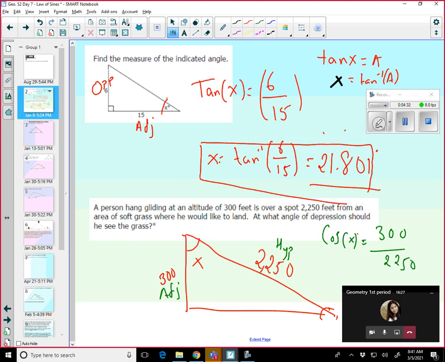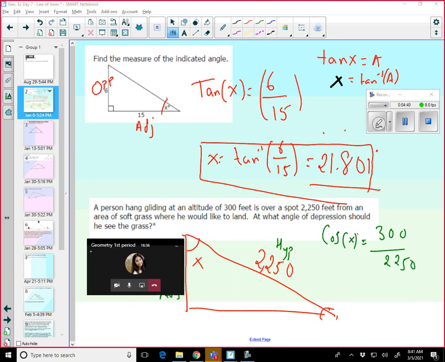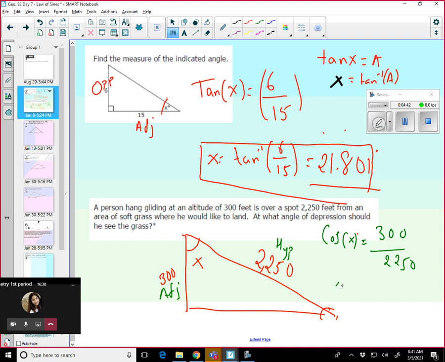You don't even have to perform the division. From the inverse trigonometric function, you can get x equals cos inverse of 300 over 2250. So just substitute this in your calculator.